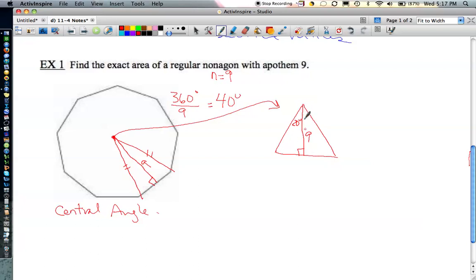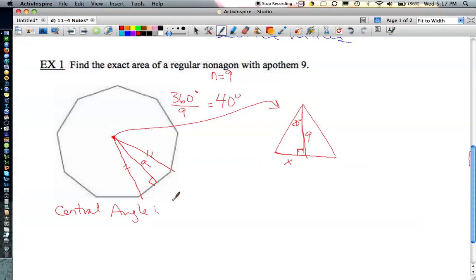So to find the length, if we wanted to find the area of this triangle, we'd have to find the base. Well, the base is half. The base would be double if we could find this distance from here to here, x. We can use the tangent function to do that.